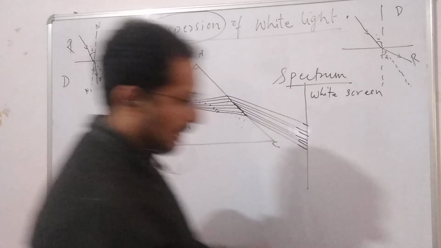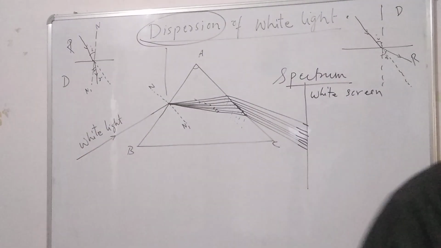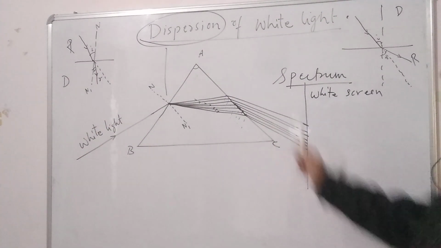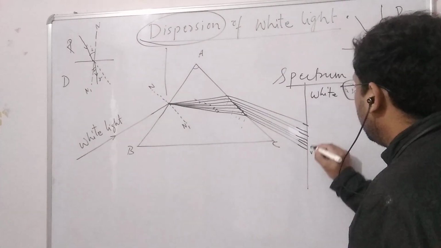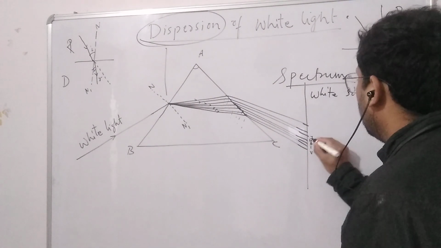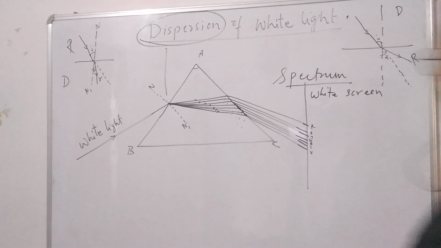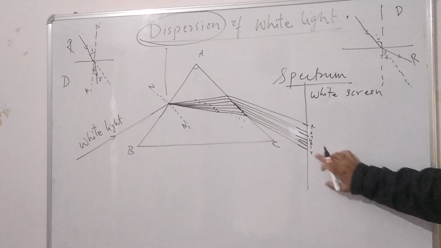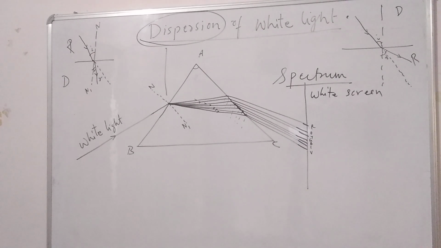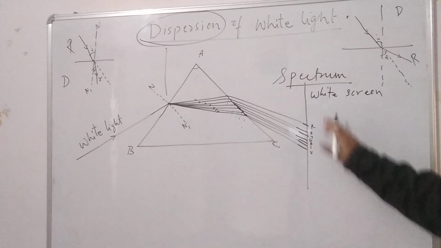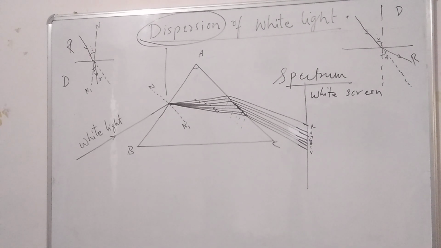But before that, you have to understand that each of these colors, of which the white light is made up of, which you can see written in your book, VIBGYOR. 7 colors: violet, indigo, blue, green, yellow, orange, red, always fall toward the base of the prism.